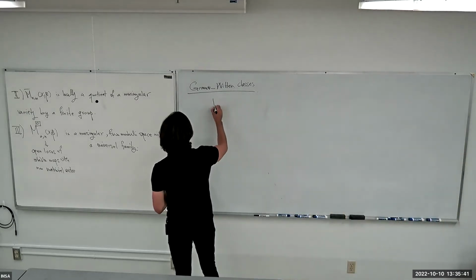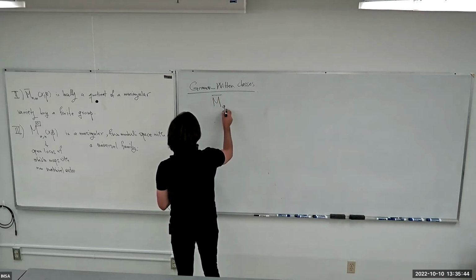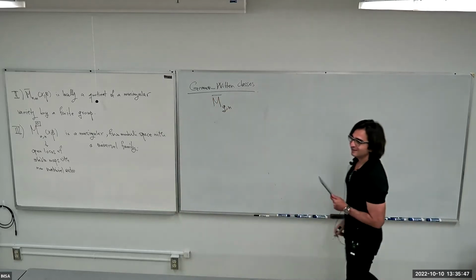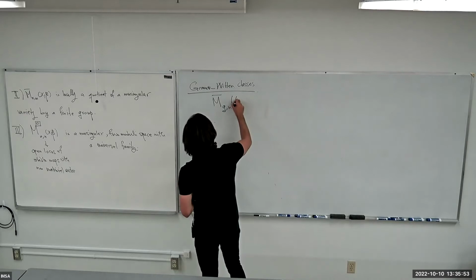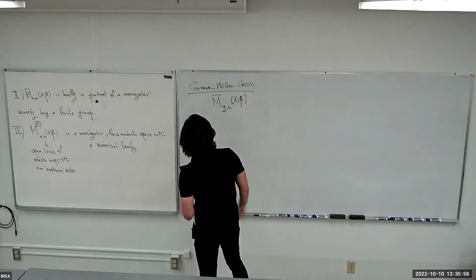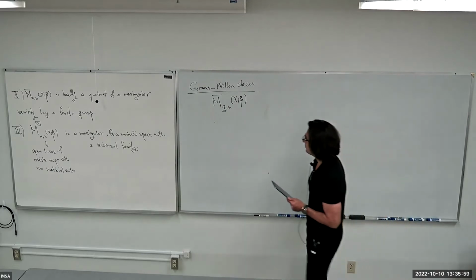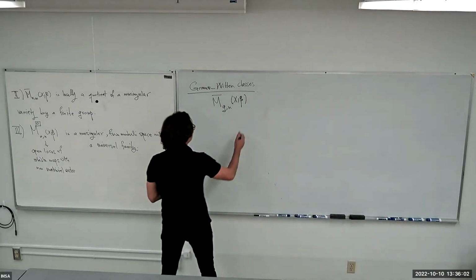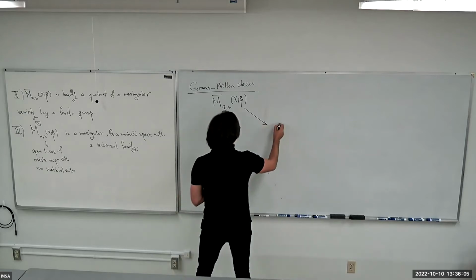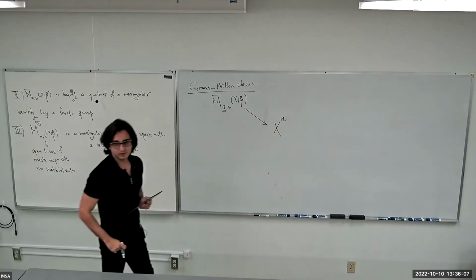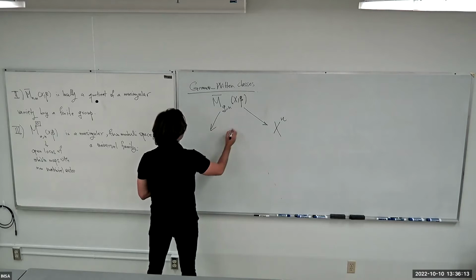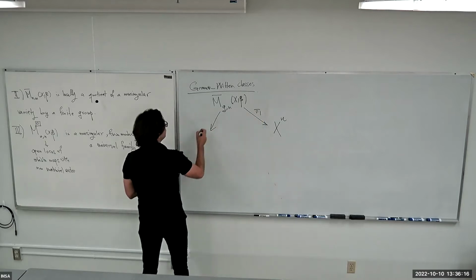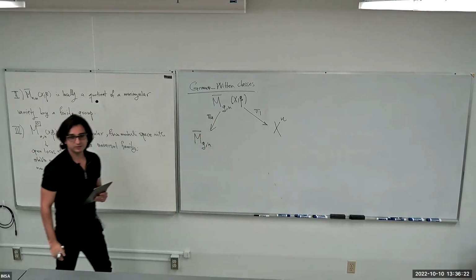You have the compactification of the moduli space of genus g stable maps with n marked points on them with homology class beta. That's the stable map moduli space we've been discussing. Then there is a map from here to X to the n, that's your variety times itself n times. I'm going to call this pi 1. Then there's a map from here to the moduli space of genus g n-pointed stable curves.